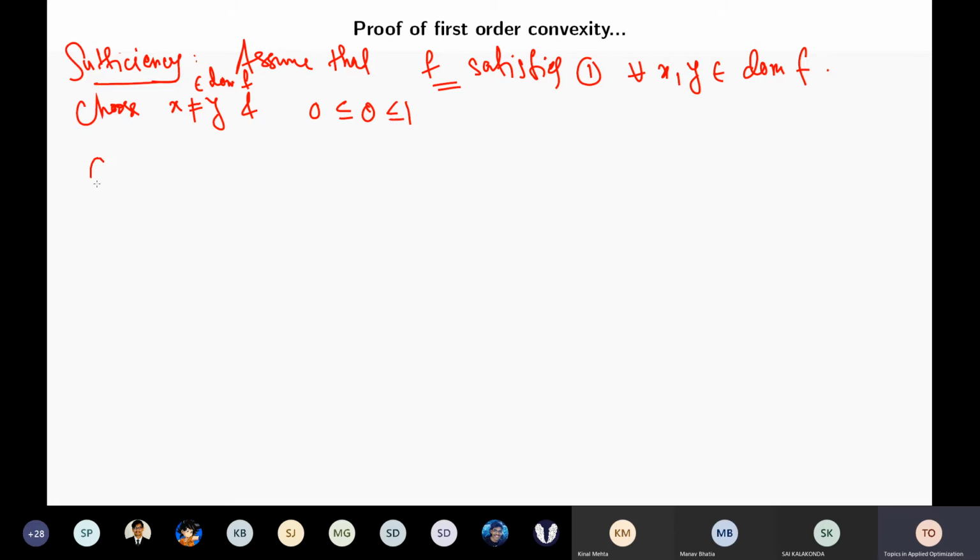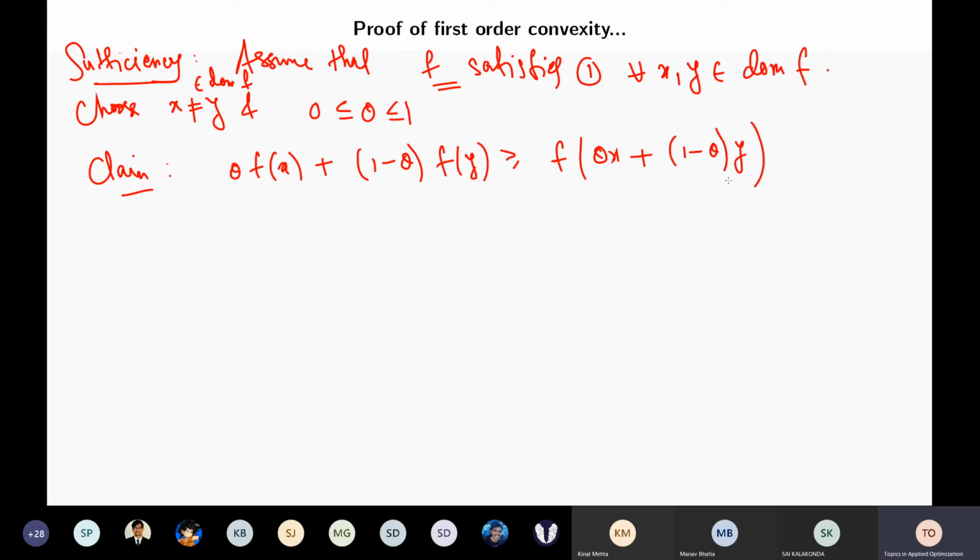So our claim is that we want to prove that the line joining f(x) and f(y), theta f(x) plus (1 minus theta) f(y), is greater than or equal to f of (theta x plus (1 minus theta) y). So this is our claim, our target. Let us see how we can do it.